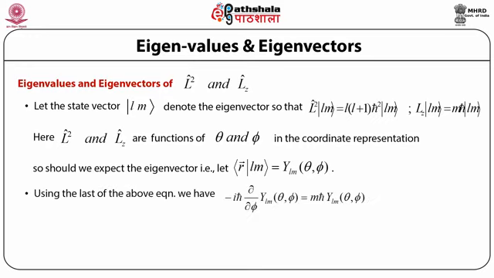And using the above equations, we can rewrite them in terms of the spherical harmonics as −iħ ∂/∂φ acting on Y_lm(θ, φ) is equal to mħ Y_lm(θ, φ), which means that if the operator −iħ ∂/∂φ acts on the spherical harmonic Y_lm(θ, φ), it returns the eigenvalue mħ.